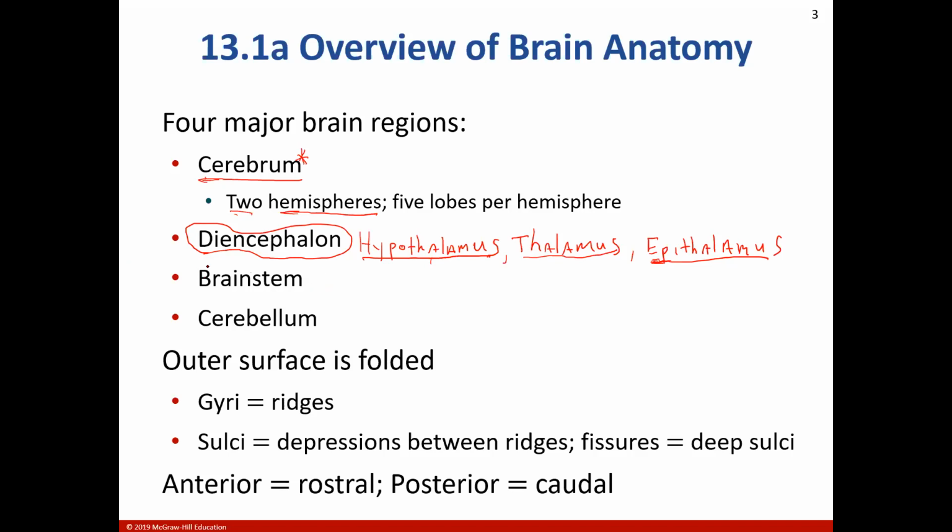The brainstem is an even older part of the brain. Of course, we don't think with our brainstem. And the 3 parts of the brainstem are the midbrain, the pons, and the medulla oblongata.